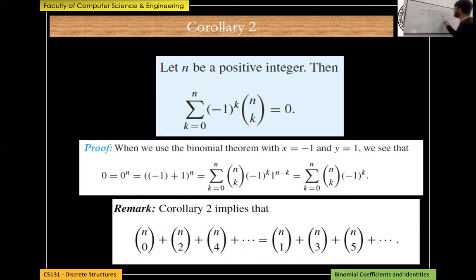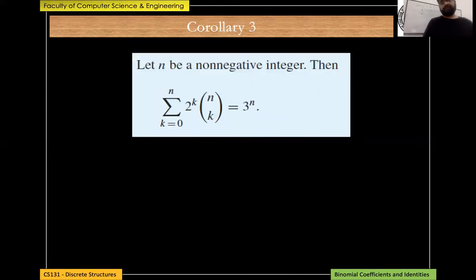So these are subtracting terms, and there are positive terms that are going to add up together, and the sum of all of them would ultimately be equal. Hence, if you subtract the odd terms from the even terms, you'll get 0 at the end. So this is something that is implied from the corollary. I won't go into the proof of it, but it is something that you can do on your own.